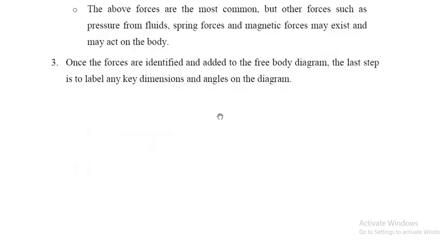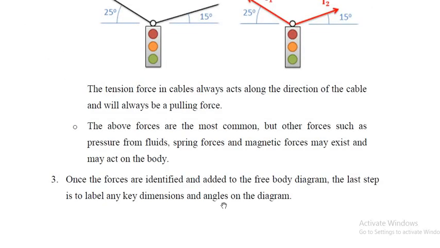So if these forces can be identified and added to the free body diagram, the last step is to find out the dimensions and angles on the diagram. Using these values, we can finally find the value of the forces which we have to find using the free body diagram. So this is the most common free body diagram used for simple purposes.